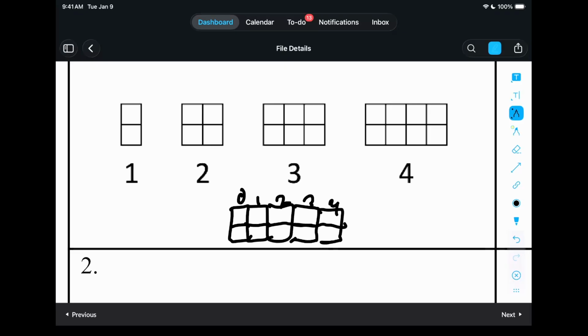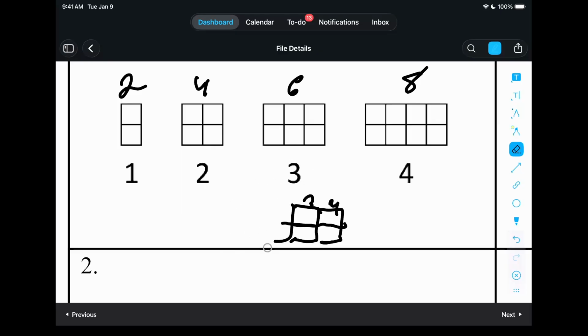Then total, just counting the blocks, here we have 2, 4, 6, 8, and here we have 10. So you can start to see a pattern forming.